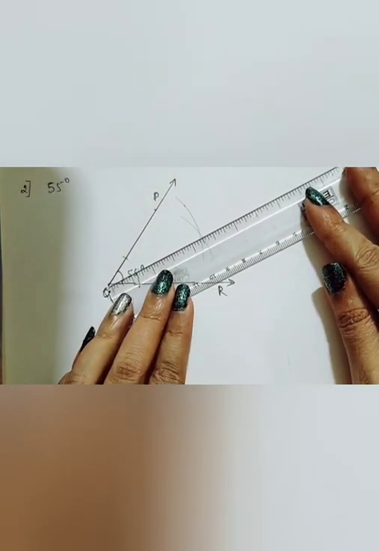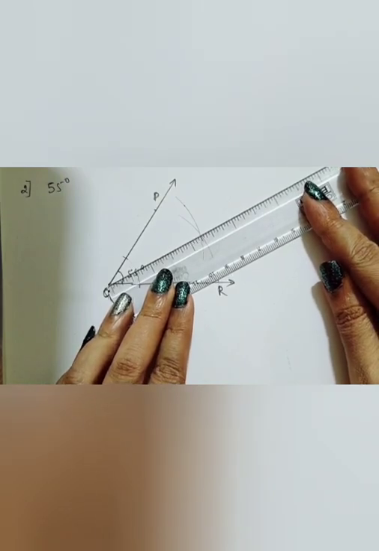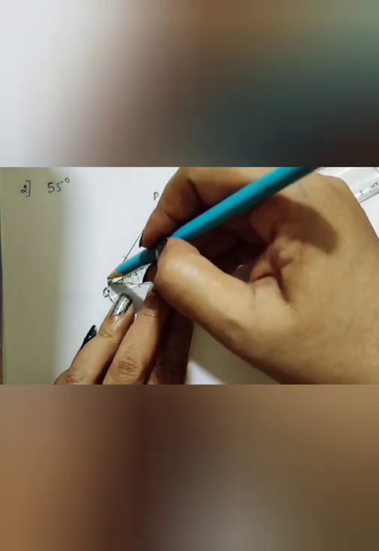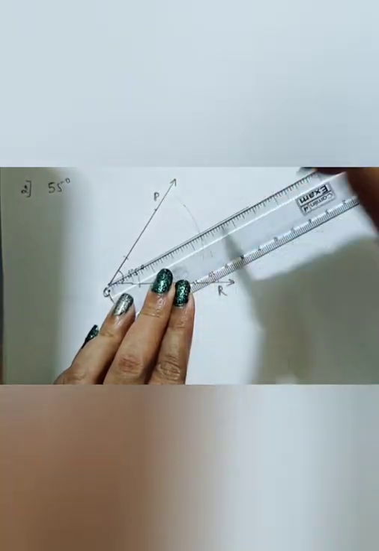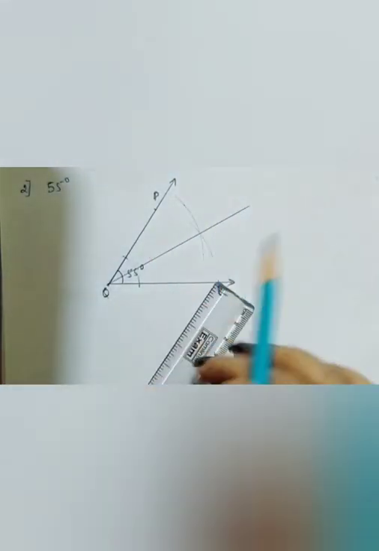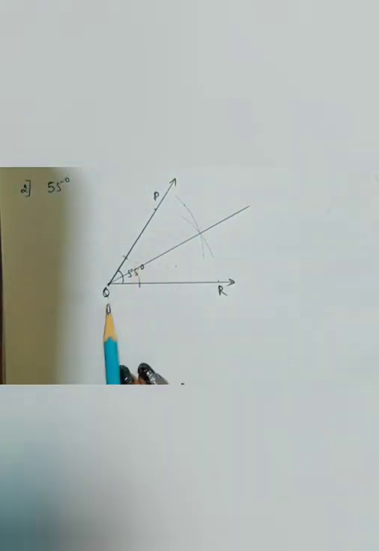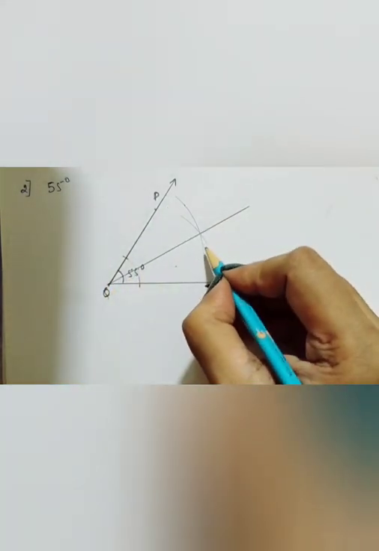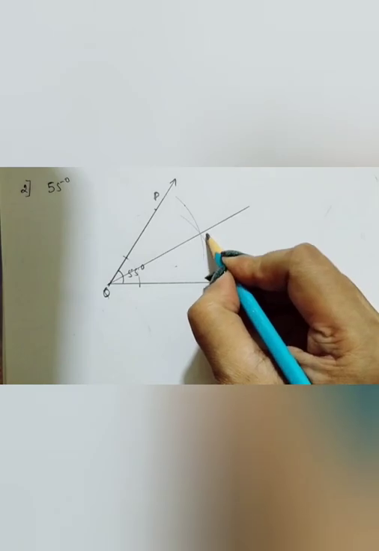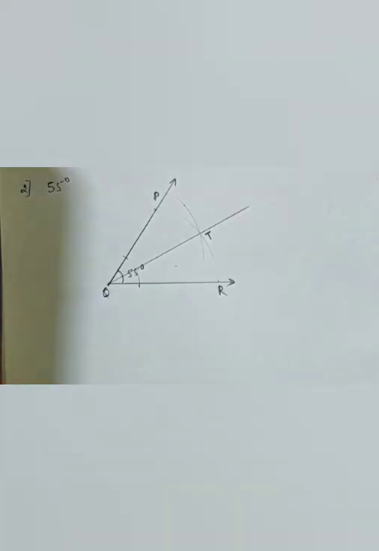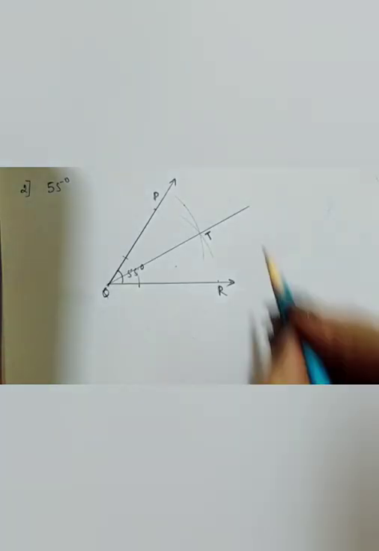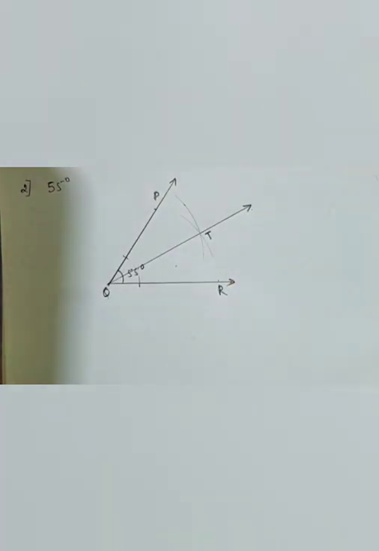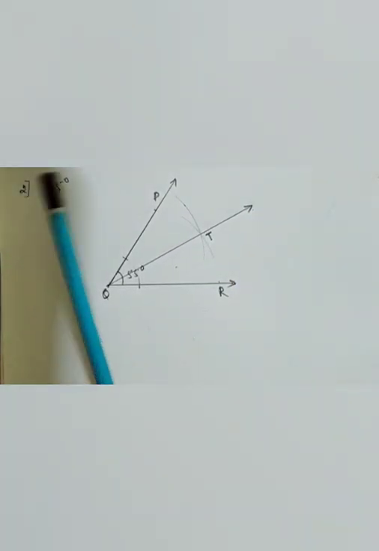Now join this from point Q to get two equal angles of angle 55 degree. I will give name here T. Okay, so we have drawn angle 55 degree.